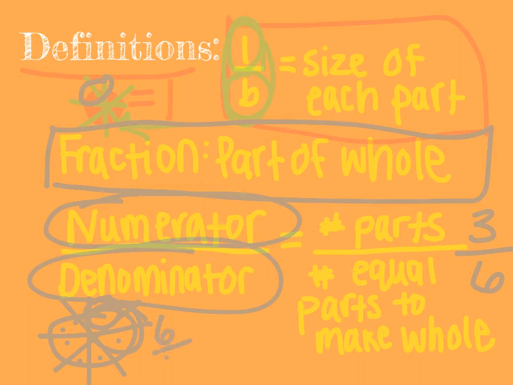So 6 over 6 equals one whole. Each part being size 1 over b, or 1/6. That is why there's 1/6, 2/6, 3/6, 4/6, and so on.